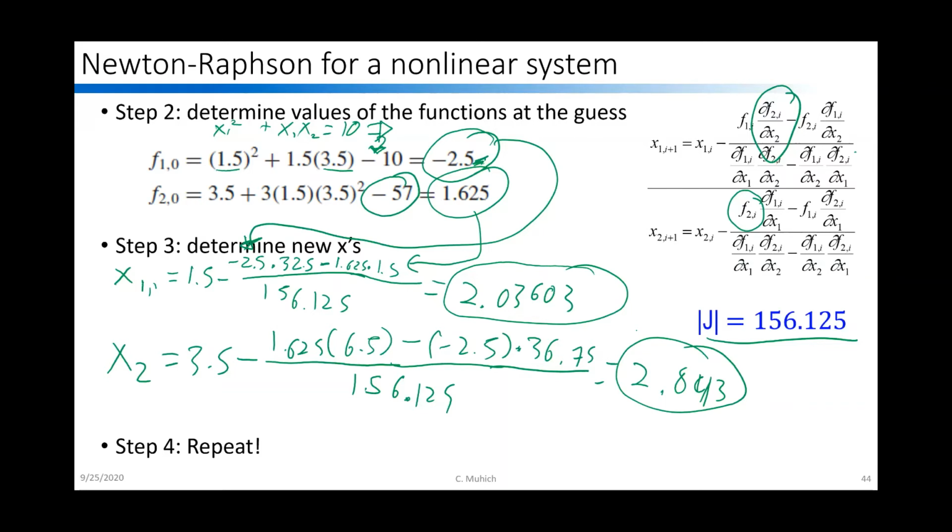I need to calculate my new function values with the new x's, and then I can go ahead and calculate a new set of x1 and x2. Just like with the old Newton-Raphson, I'm going to do this again and again until I get a converging solution. And we can use approximate error to estimate how converged we are and how many iterations we need.